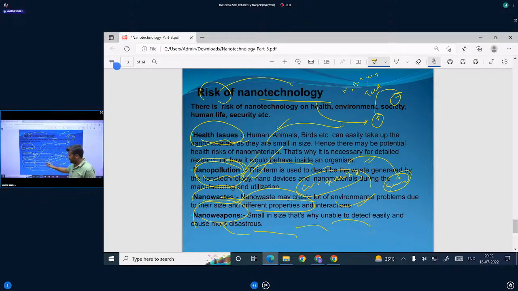Because of small size they are not detectable, but they have the capacity to deliver a warhead in a large amount. That's why if they go into the wrong hands, it will create another problem. So these are some risks involved in nanotechnology.